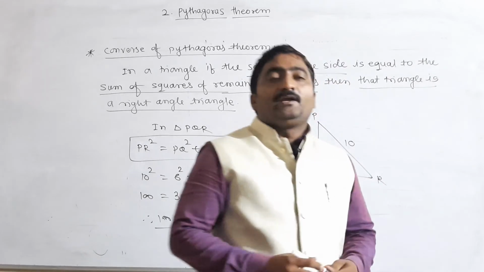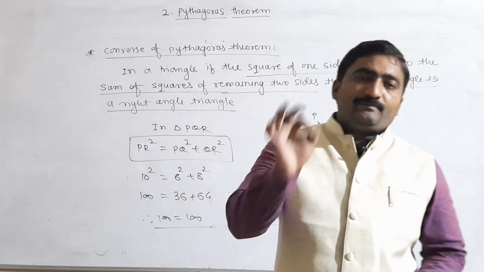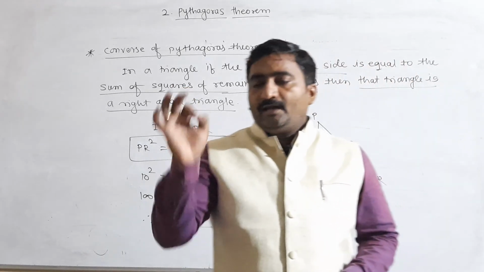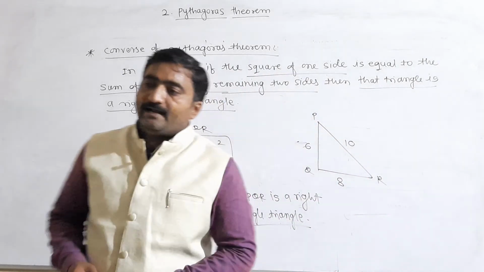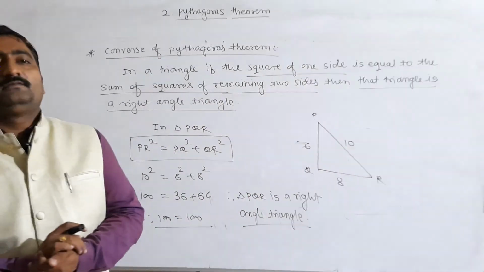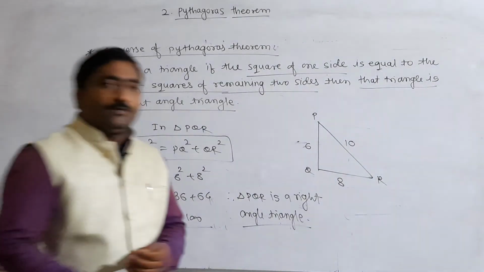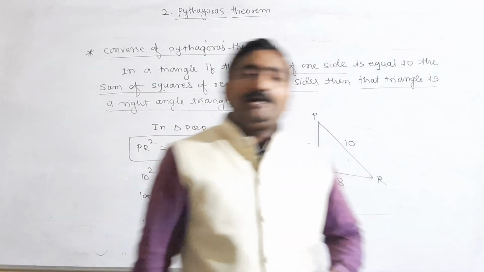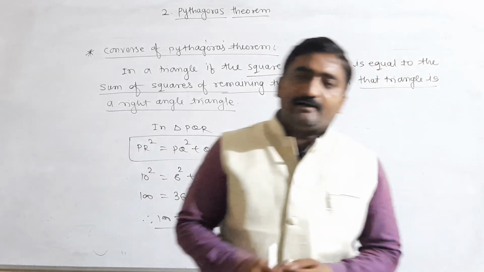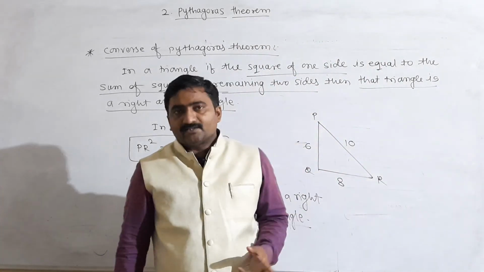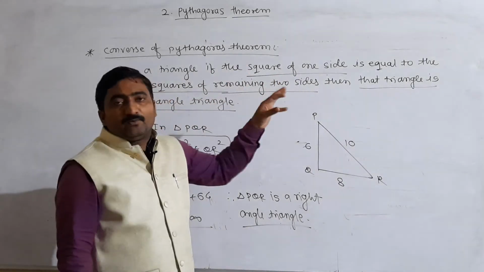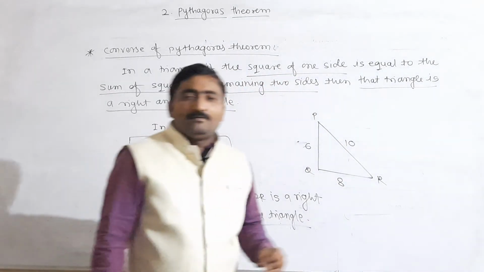It means in a triangle, if the square of one side is equal to the sum of squares of other two sides, then that triangle is called a right angle triangle. So in this period we have studied first similarity in right angle triangle, then property of geometric mean, then Pythagoras theorem, and lastly converse of Pythagoras theorem.